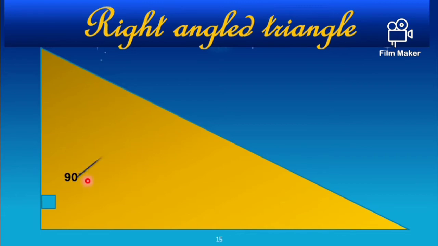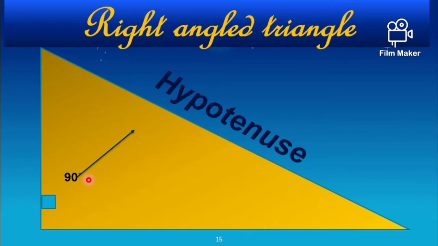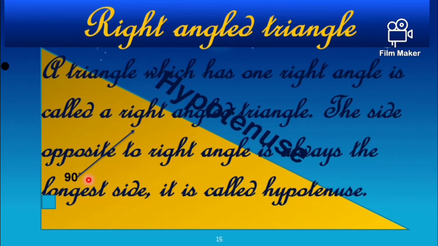The side opposite to the right angle of a right angle triangle is called the hypotenuse. The special name of this side of a right angle triangle is hypotenuse, and this side is opposite to the right angle or the angle of 90 degrees. So what is the definition of a right angle triangle?